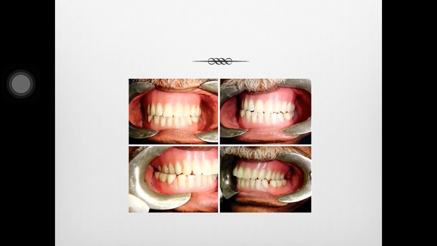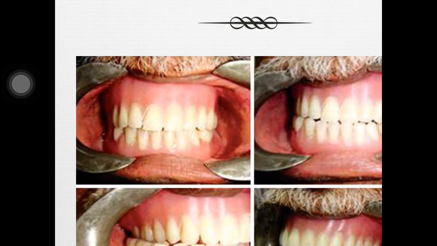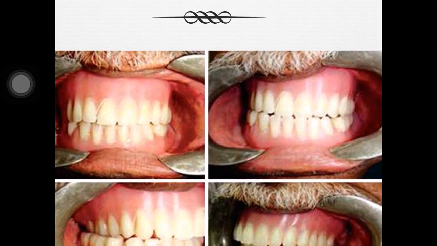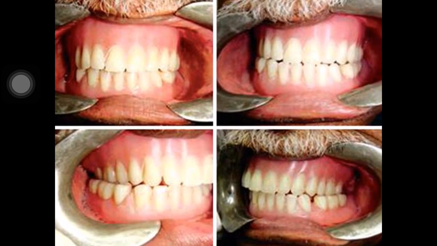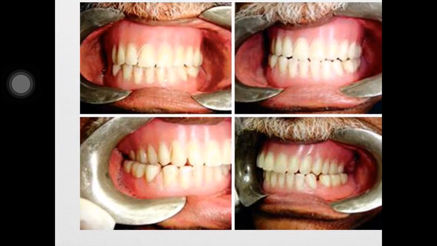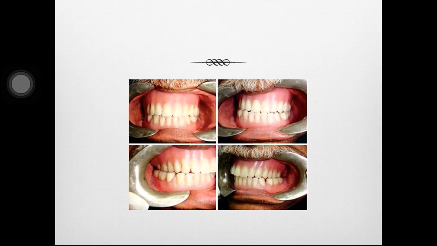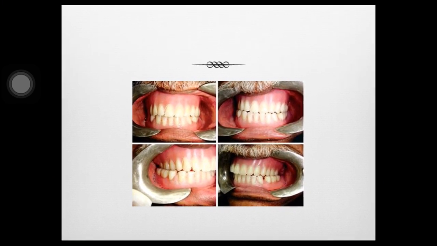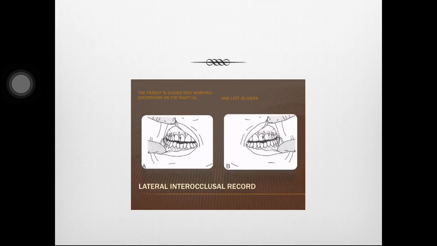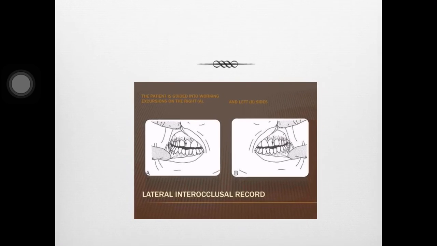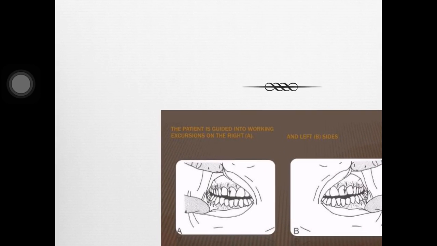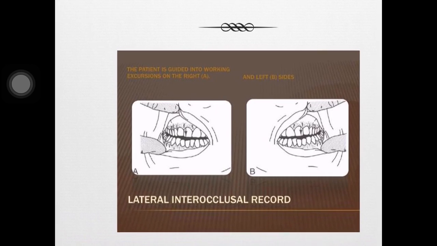This is the centric relation. This is the protrusive record. This is the right lateral, and this is the left lateral record. Lateral interocclusal records: the patient is guided into working excursions on the right and left sides.